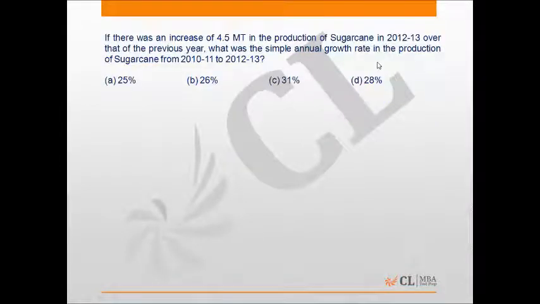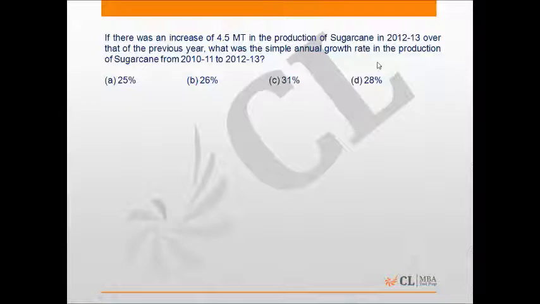Next, if there was an increase of 4.5 million ton in the production of sugarcane in 2012-13 over that of the previous year, what was the simple annual growth rate in the production of the sugarcane from 2010-11 to 2012-13? Fine. So we have to find out what the production was in 2010-11 and what it was in 2012-13, and then we will find out the simple annual growth rate.